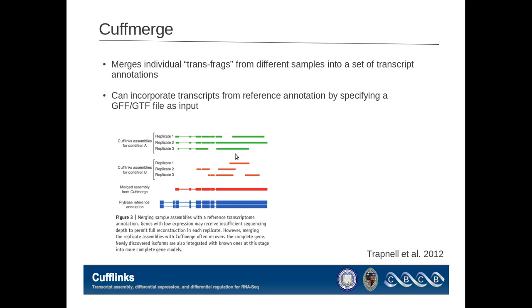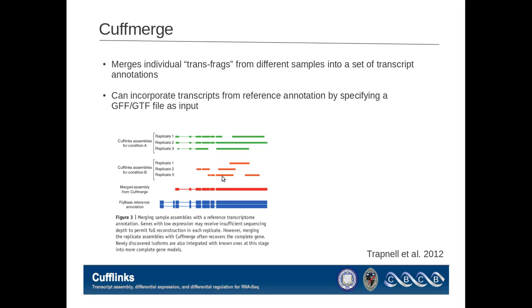So what Cuffmerge does is it takes all of the samples and it identifies what it perceives to be the same transcript across the different samples, and then builds a transcript model, which it then estimates the abundance of in each of the different samples. So you could imagine in a low coverage data set that you may not discover all of the individual exons in the samples from condition B, simply because of low coverage.